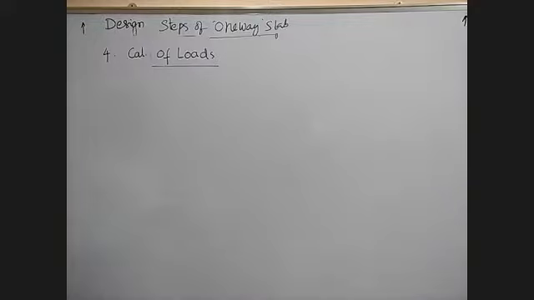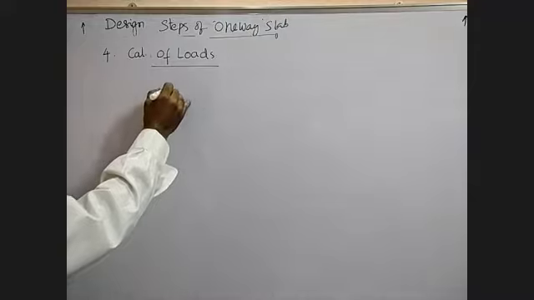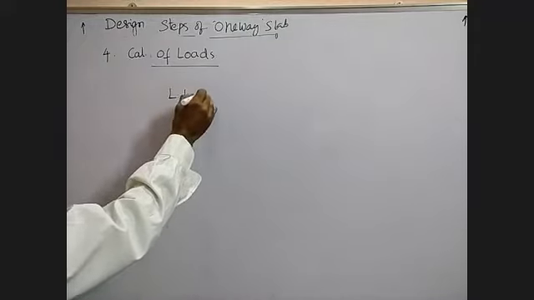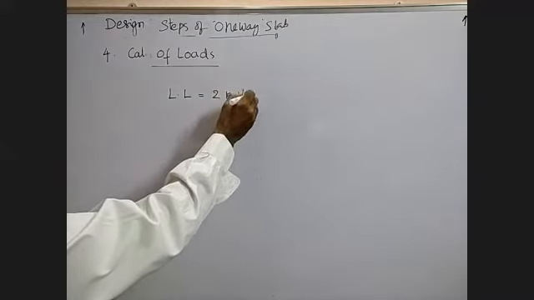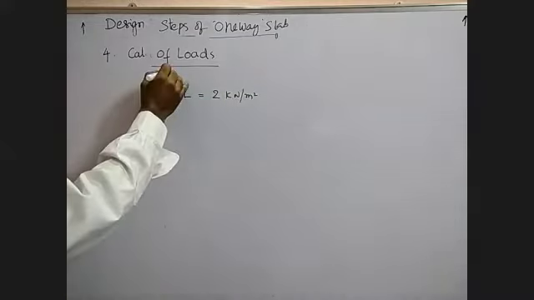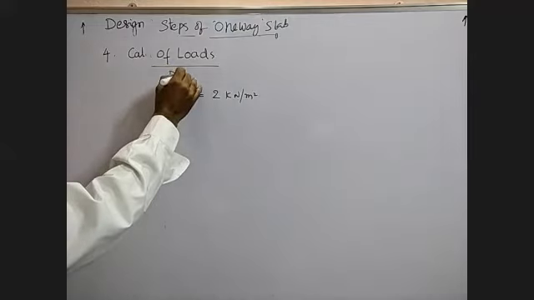Anyway, in the question, they will give you the live load. How much live load will they give? 3 kilonewton per meter. Now you are asked to calculate the dead load.